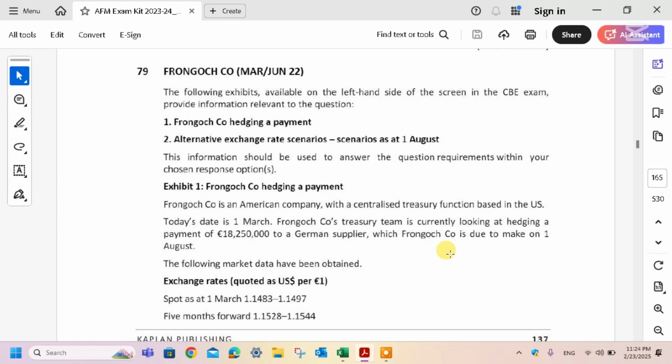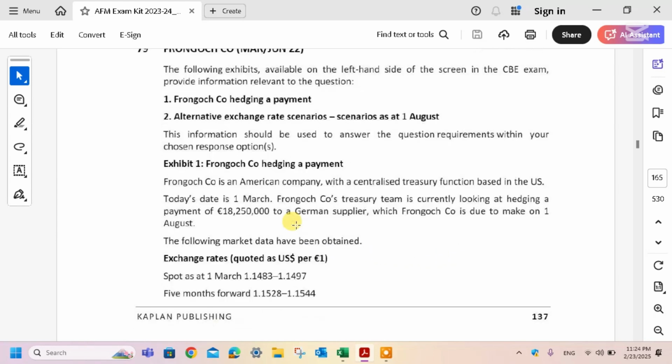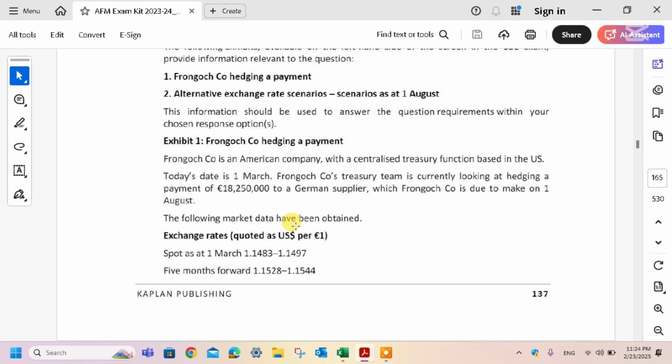Exhibit 1. Frongoch Company hedging a payment. Frongoch Company is an American company with a centralized treasury function based in the US. Today's date is 1st of March. The company's treasury team is currently looking at hedging a payment of 18,250,000 euro to a German supplier.